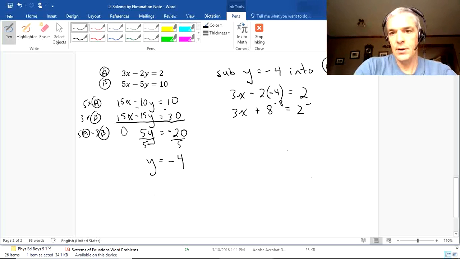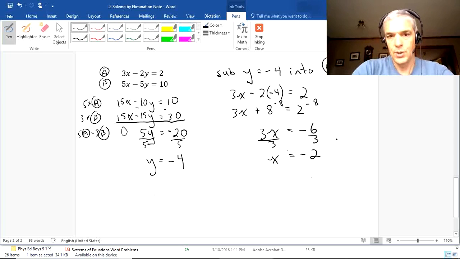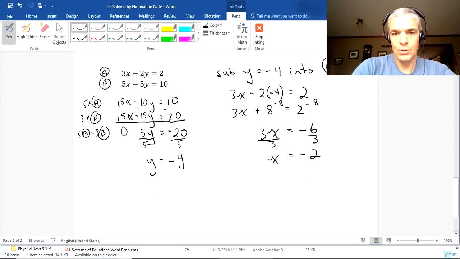Subtract 8 here, subtract 8 here. This gives me 3x equals minus 6. Divide by 3, divide by 3. x equals minus 2. There's my two values. y equals minus 4, x equals minus 2.